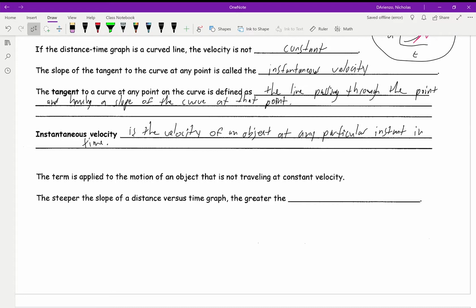That term is applied to the motion of an object that's not traveling at constant velocity. Otherwise, we would have a constant velocity. We wouldn't have to calculate instantaneous because it is always the same. The steeper the slope of a distance versus time graph, the greater the instantaneous speed.